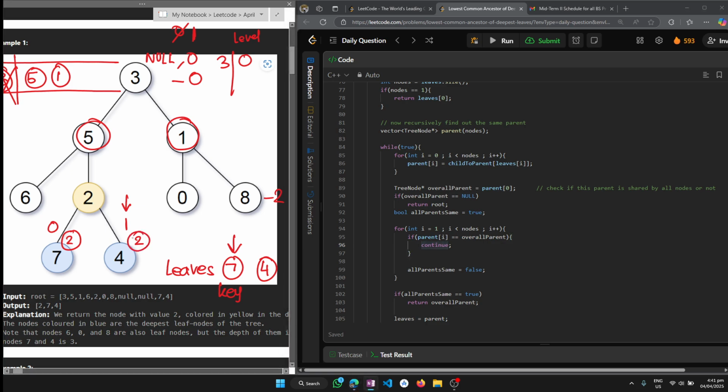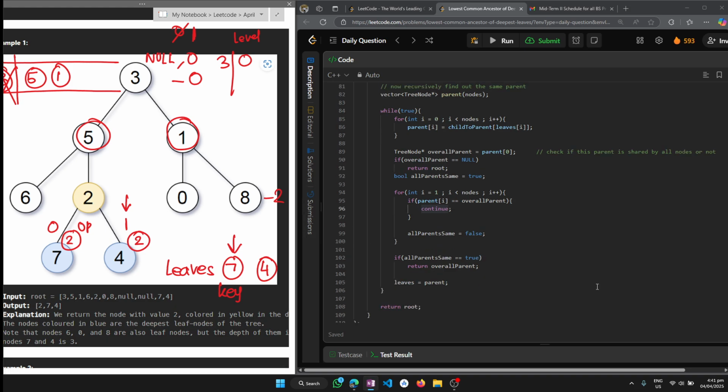Because this is the overall parent, OP, and this is also the same, so no worries, just continue. And since we have only 2 nodes, this for loop is going to break. If all parents same equals true, return overall parent, which is 2. In this scenario, it becomes true.